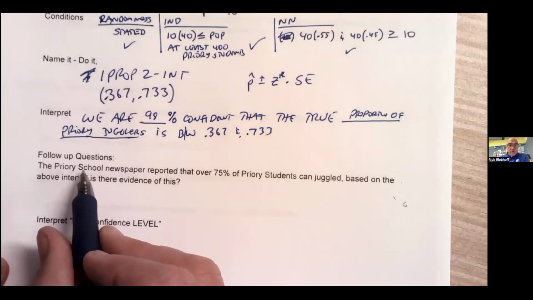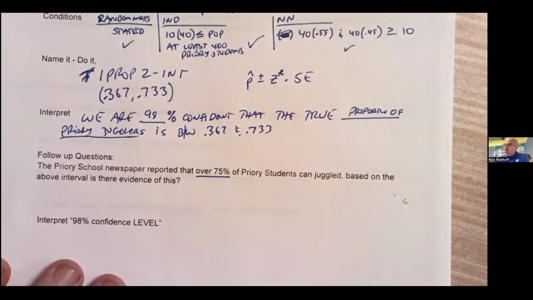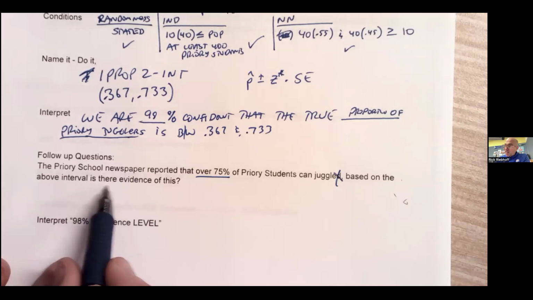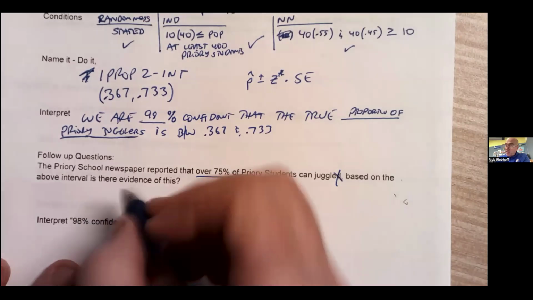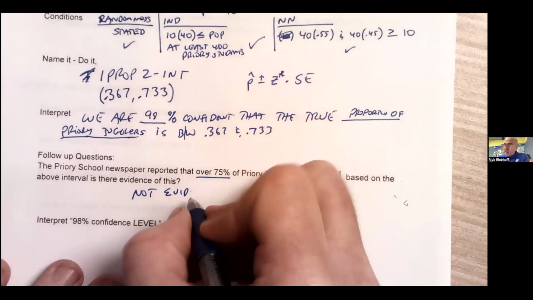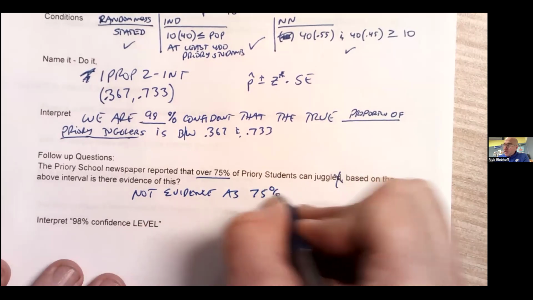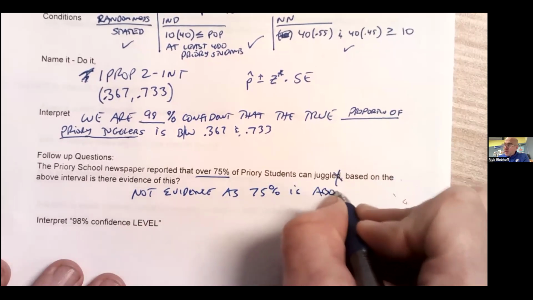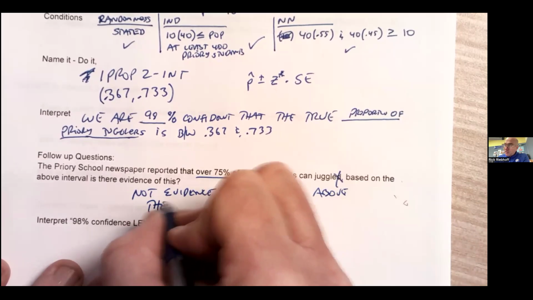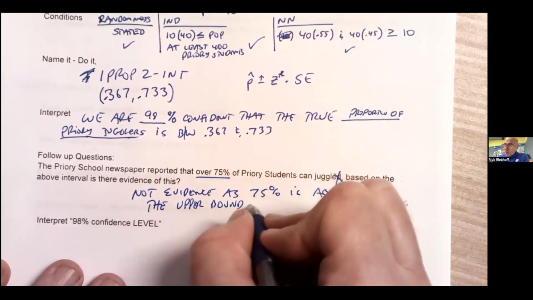Follow-up question. The Prairie School newspaper reported that over 75% of Prairie students can juggle. Based on the above interval, is there evidence of this? I would say there's not evidence, as 75% is above the upper bound of our interval.